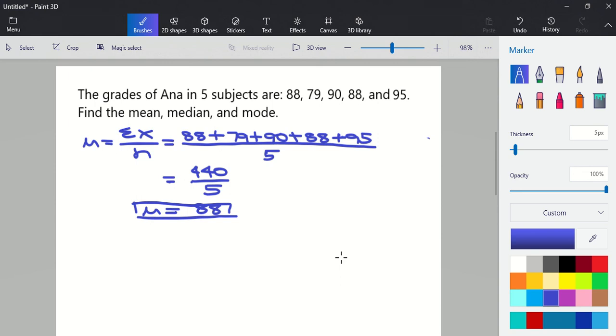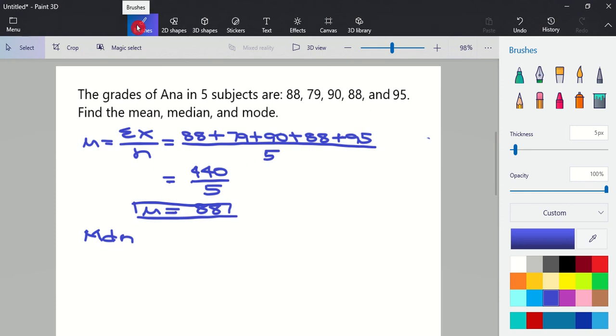Next, let's compute for the median. Again, in median, we have to arrange first our given set of data. The easier way is, of course, to arrange from lowest to highest.